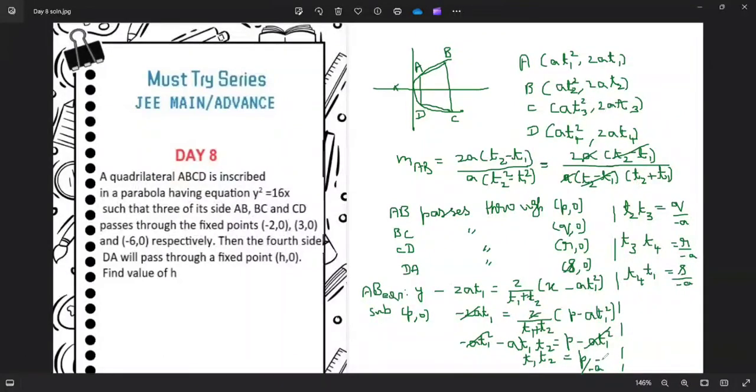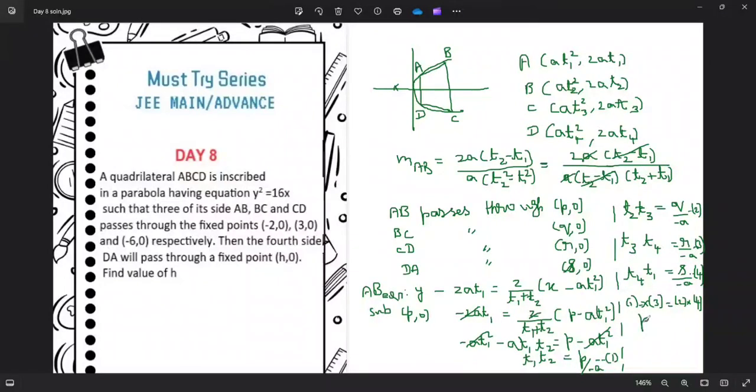Now we can notice, considering this as equation number 1, this is equation number 2, equation number 3 and 4. If you multiply equation number 1 and 3, the LHS is the same as the LHS of equations 2 and 4, because you will be getting t1, t2, t3, t4.